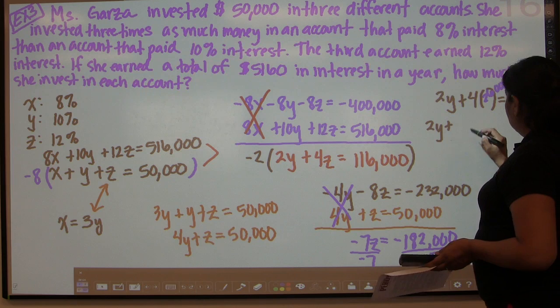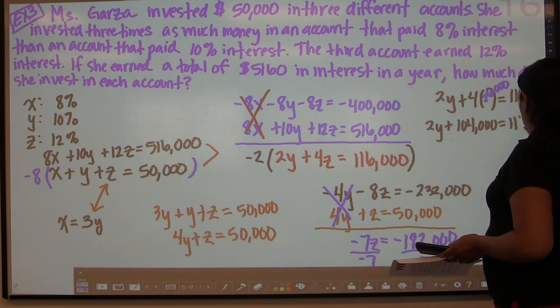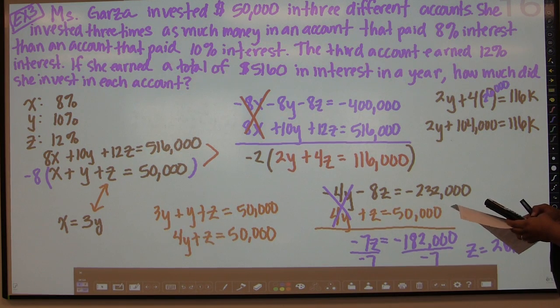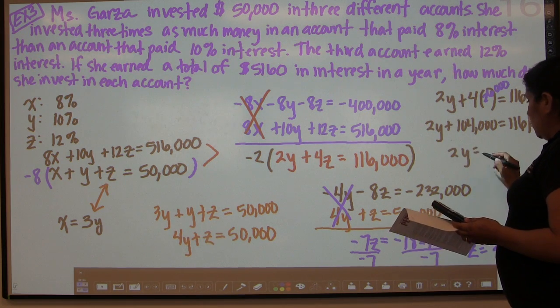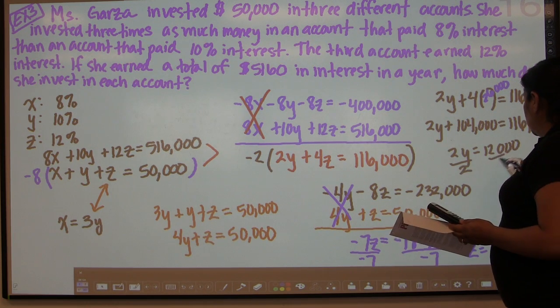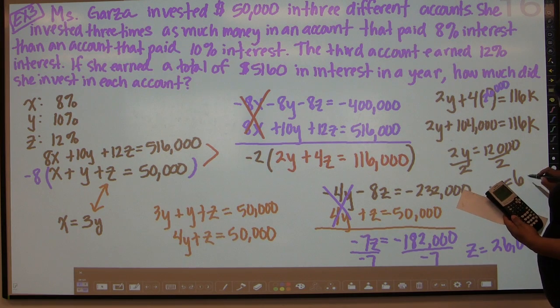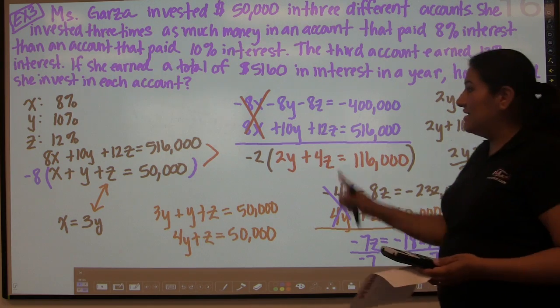So I'm going to take the 116,000 and subtract the 104,000, and now we're going to get 2y equals 12,000. Divide by 2, and y equals 6,000. So Ms. Garza needs to invest 6,000 in the 10% account.